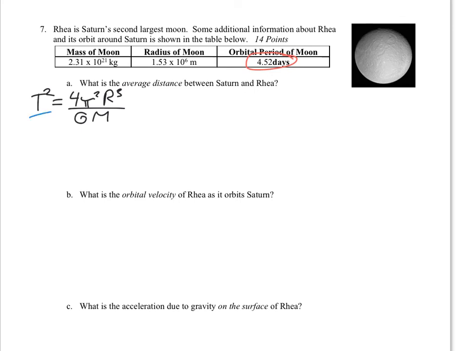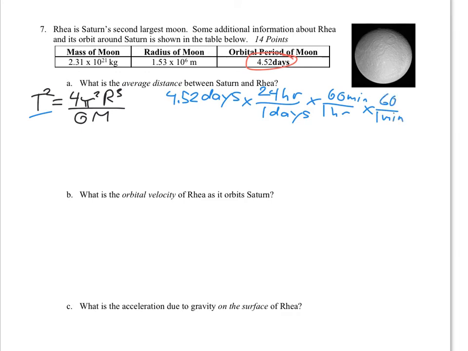With this equation, though, the T, the period, needs to be in units of seconds. So I need to start with 4.52 days and convert days into seconds. So I'll go 1 day is 24 hours. I know that 1 hour is 60 minutes, and 1 minute is going to be 60 seconds.